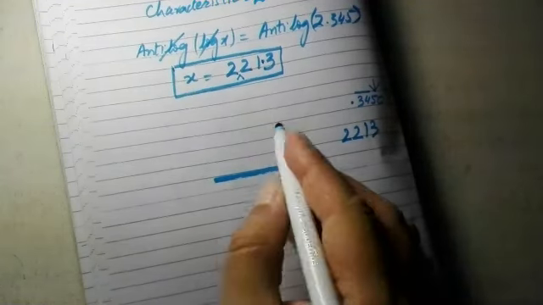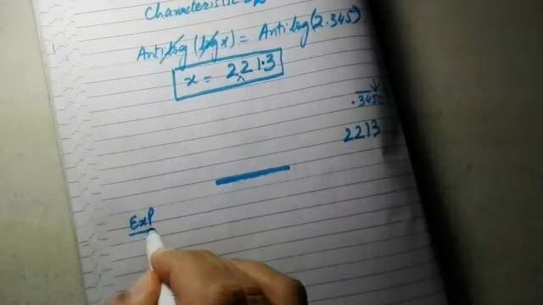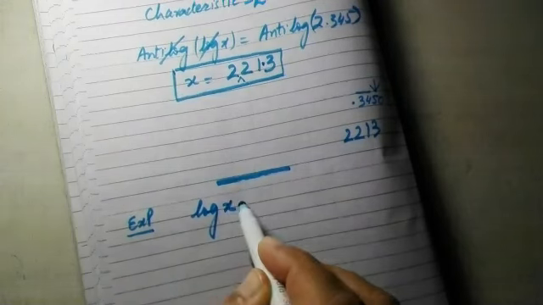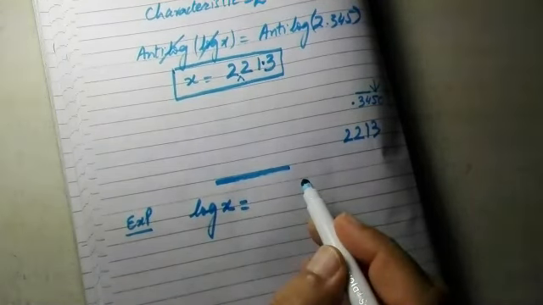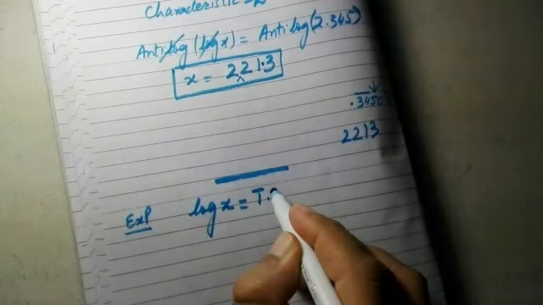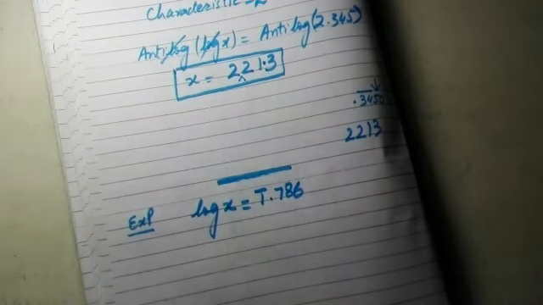If I take another example, let's suppose log x equals 1 bar point 786. Once again, we have to find the value of x.